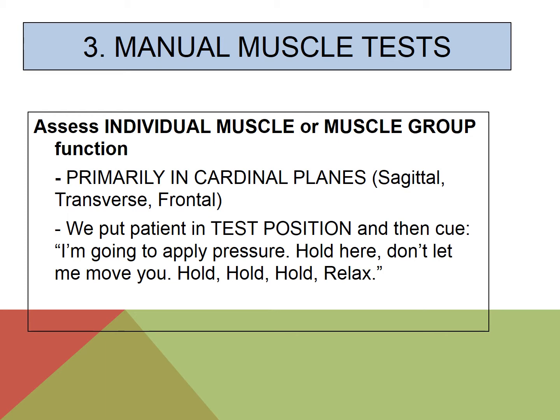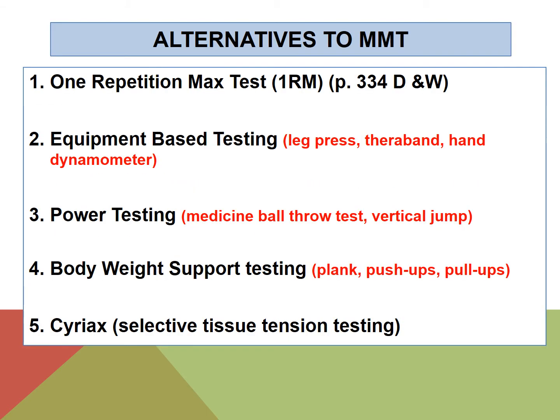So we are going to continue to compare these functional tests to what you've already learned in manual muscle testing. We're going to look further into alternatives to manual muscle testing. Some of them will use equipment, some will use functional positions, and so you can see listed there these different 5 categories we are going to discuss further in the upcoming slides.